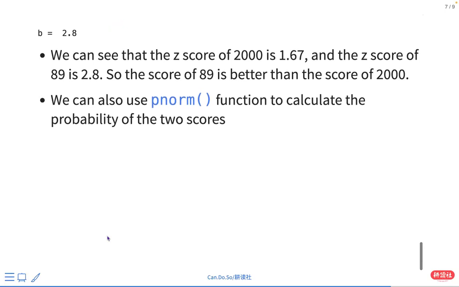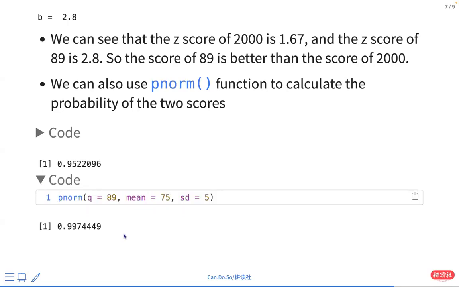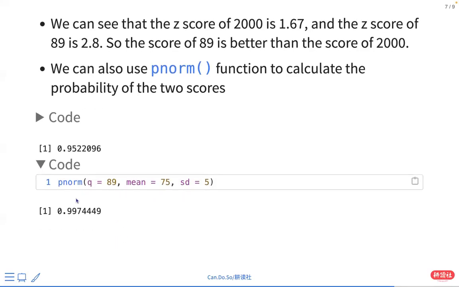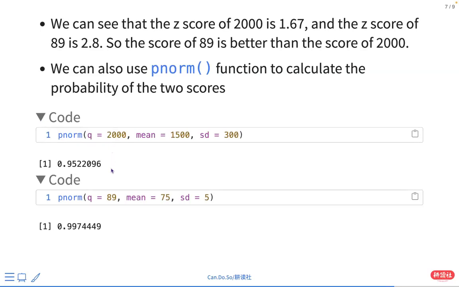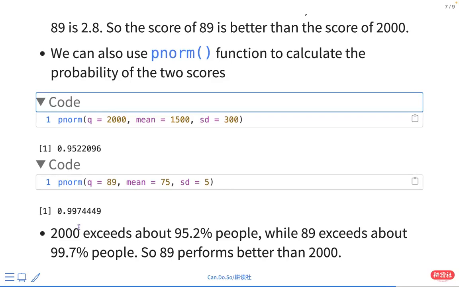We can use the probability to show it even more easily. A's probability is 95.22%, and B's probability is 99.7%. So what does that mean?